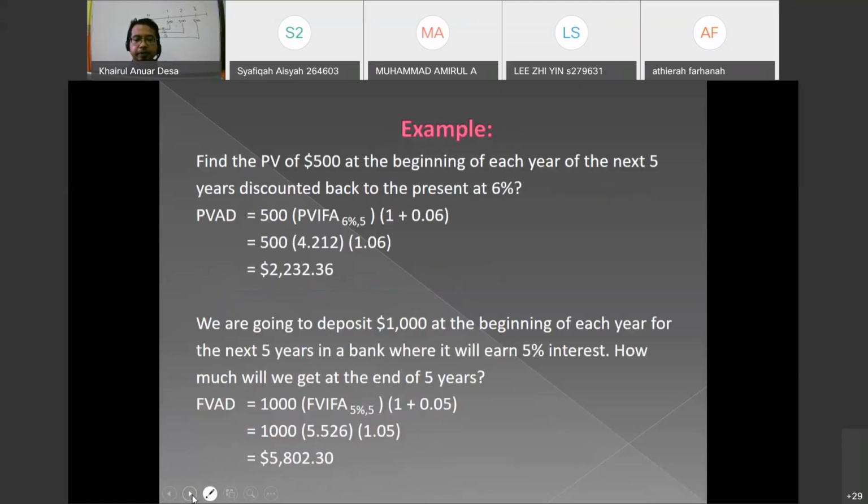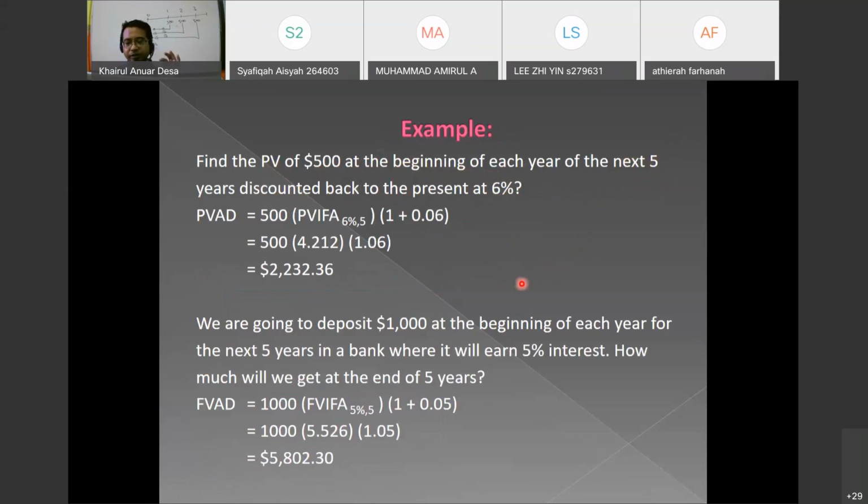Okay, let's see the example here. Please find the present value. Here it states a present value at the beginning of the year for 5 years, discounted back to the present at 6%. Okay, present value discounted at the beginning, 5 years.